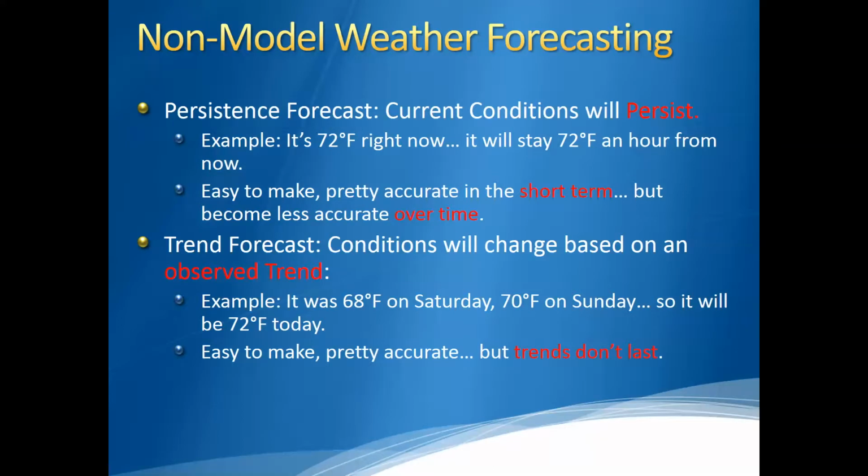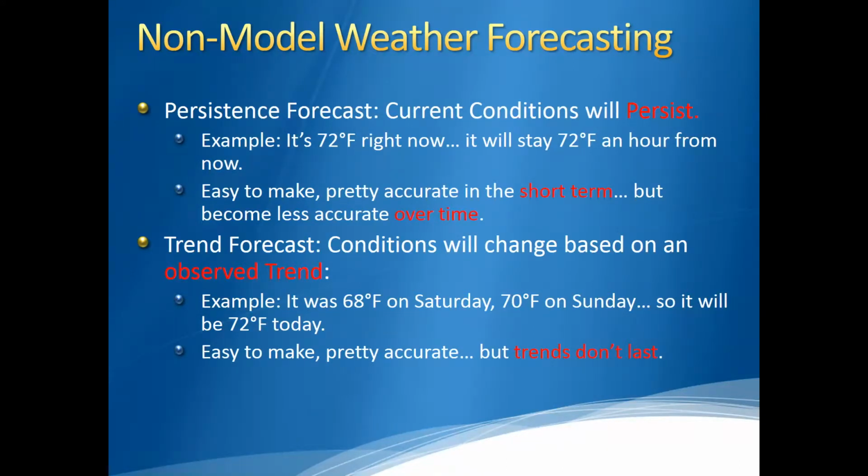Is it going to be 85 degrees at 11 o'clock at night? Probably not. It's probably going to be cooler that evening. As the sun goes down, less radiation, the earth gives off more than it gets, the earth is going to cool down, right? So, in that case, a persistence forecast is really only good for the short term.